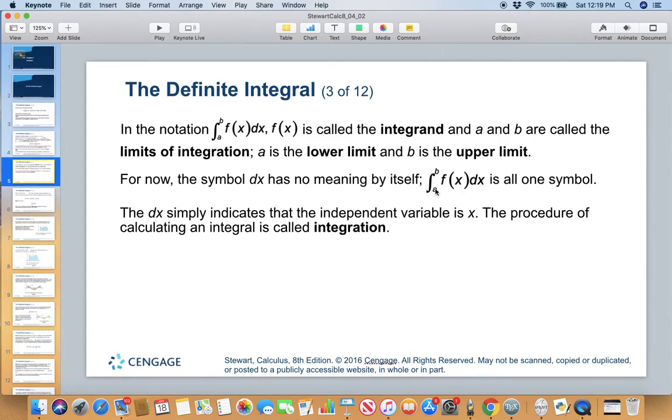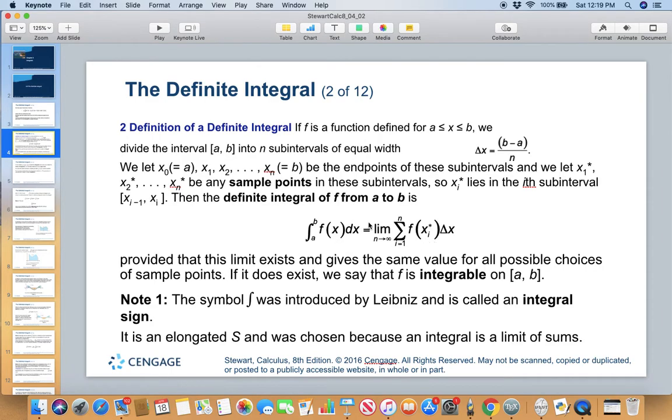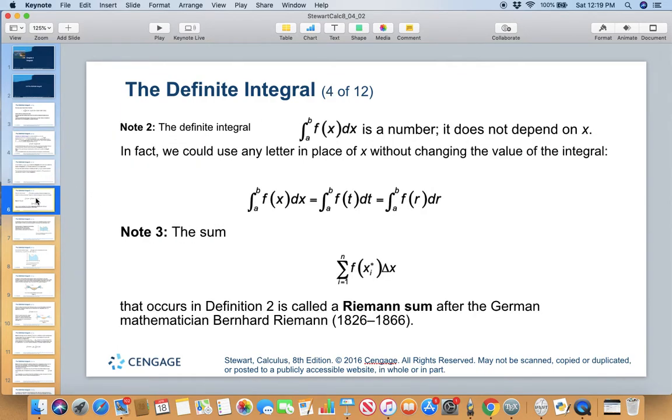Integral a to b f(x) dx, that's how we read it. Now, finding that limit is the same as finding the integral, and that process is called integration. We need to see a few examples before you understand more.